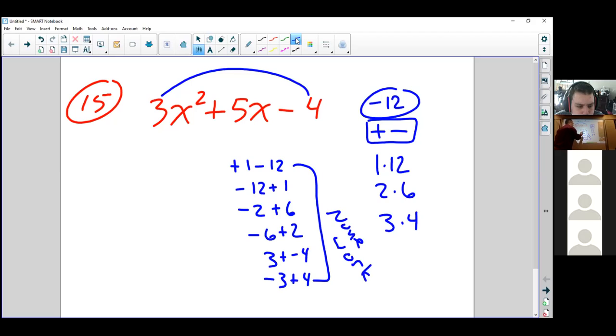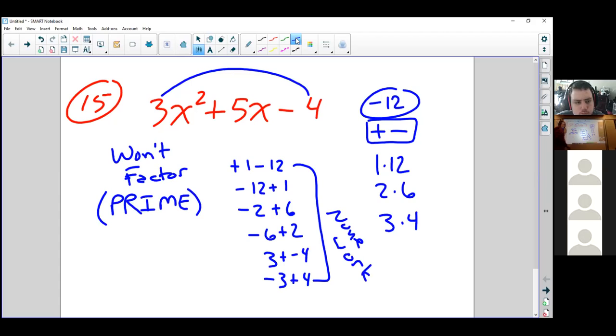Okay, so by us doing that, that means that this won't factor. And so generally the Algebra 1 thing that they do on this is they want you to say that it's something called prime. And prime, in this context, is not something that you go and watch movies or TV shows on.